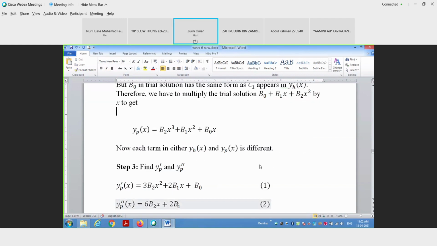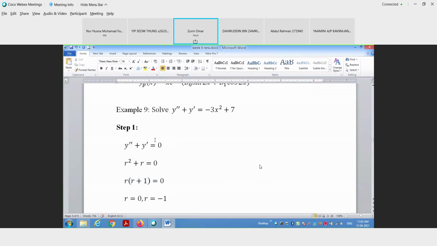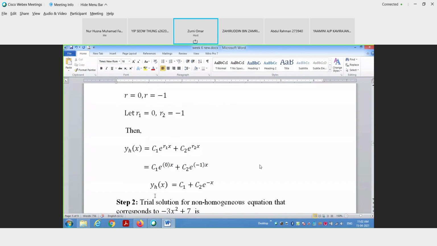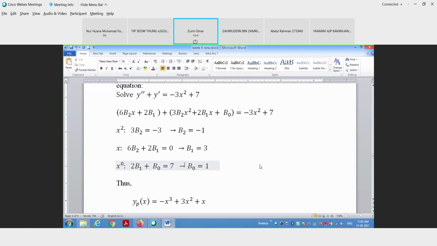Then you take the first derivative and second derivative, and you plug into the given equation here. And that's why we have this. Our task now is to find B0, B1, B2.